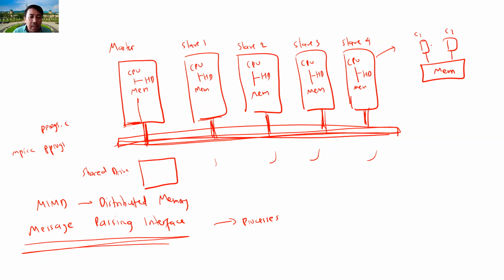But still you are creating a process. Remember, when you create a process, it is different from a thread. Although you have shared memory hardware, when you are using MPI, a distributed memory programming model, you are creating a process for C1 and C2. So you have process 1 and process 2.